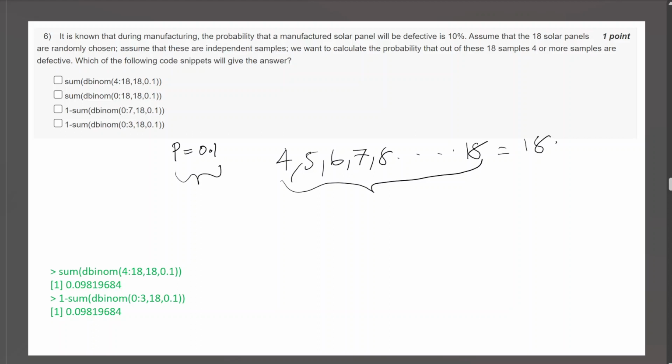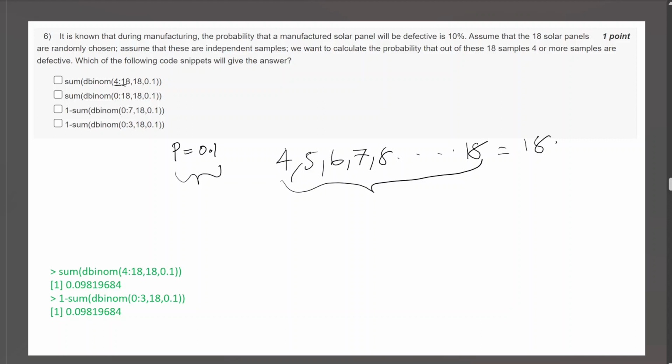So if you see the first option, sum of dbinom 4 to 18. This 4 to 18 takes the values from 4 to 18, including 4 and including 18.